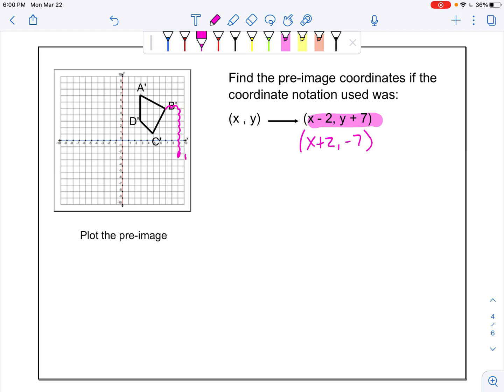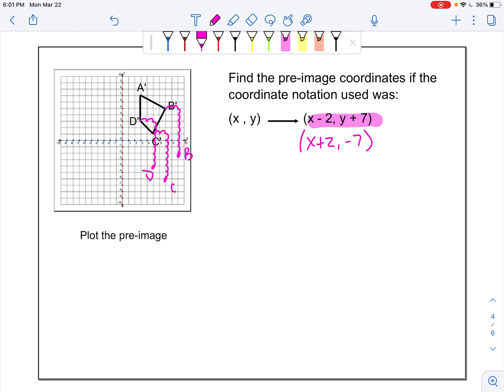So here is my original B. I can do that to each of the points. So C, I'm going to add 2, subtract 7. And here's my C. And then add 2, subtract 7.